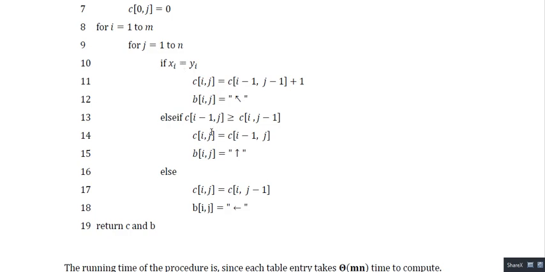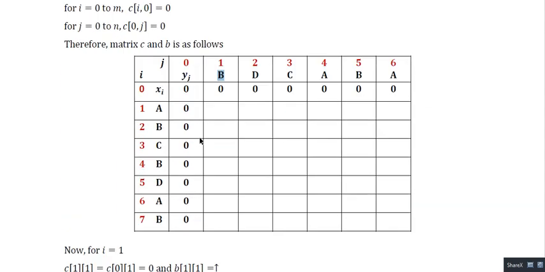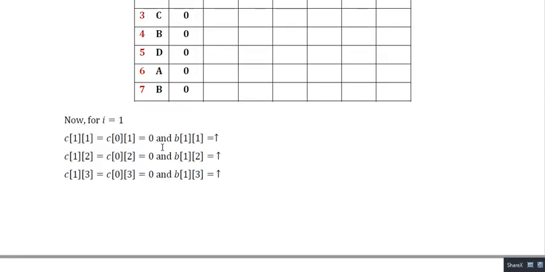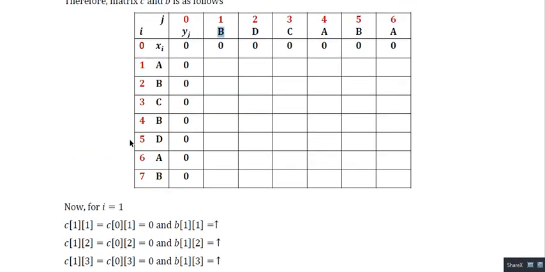Next case is C[i-1][j] greater than or equal to C[i][j-1]. If this happens, then you have to write like this. So clearly this C01 is greater than or equal to C10, because 0 is equal to 0, no?